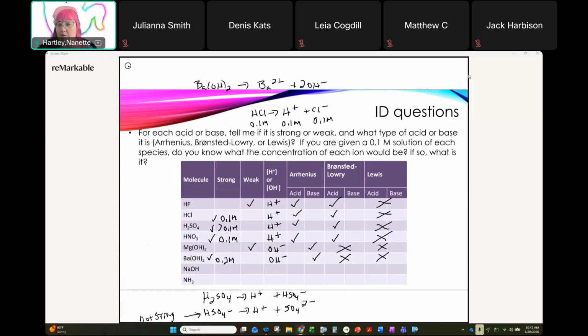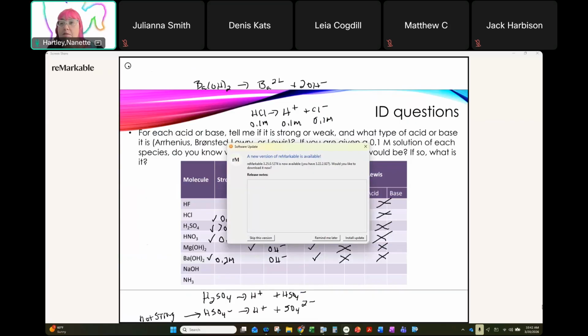So, question about that one. I'm sorry, why does it work with Ba but not with magnesium per se? Well, magnesium is actually not that soluble, so it's not a strong acid or strong base. Within our list, it does not come up as a strong. That's how I made that definition.